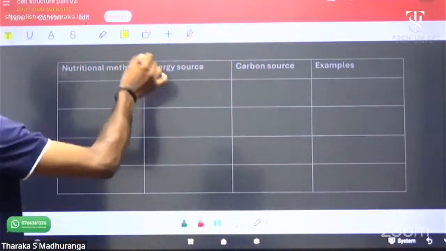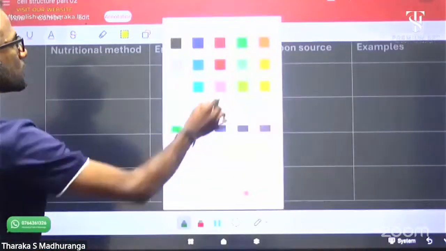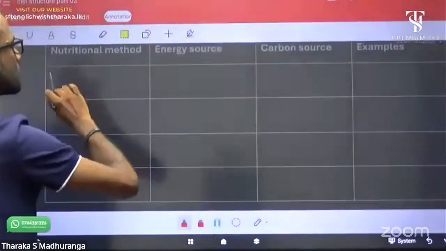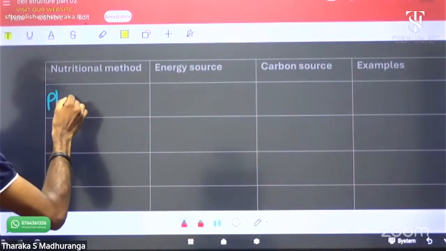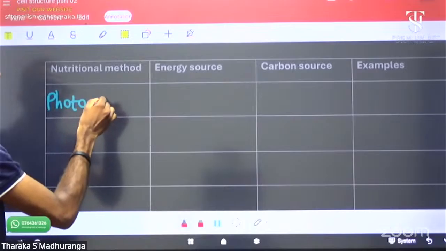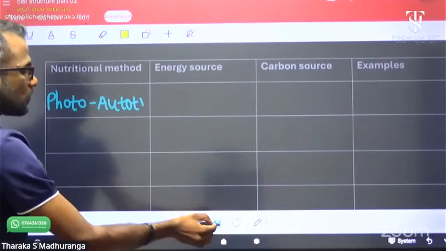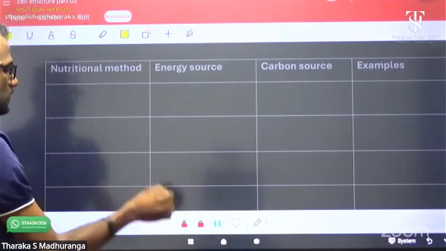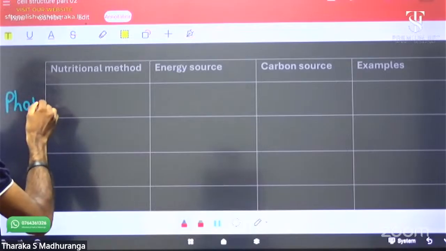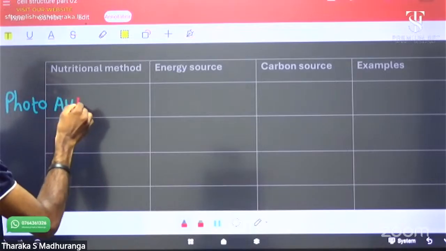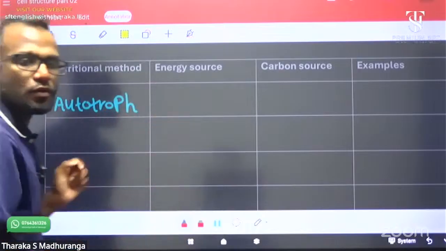The first one, nutritional type: photoautotroph.